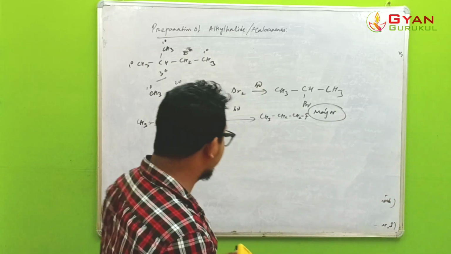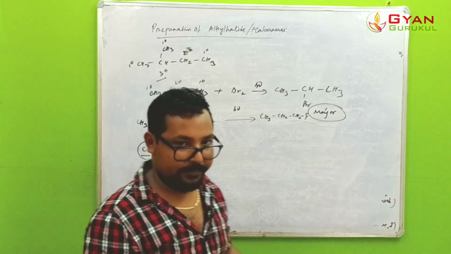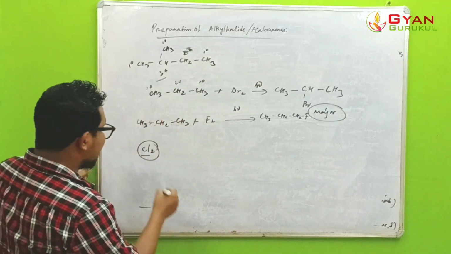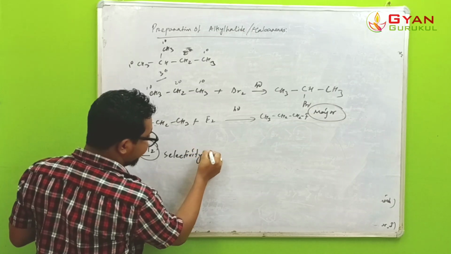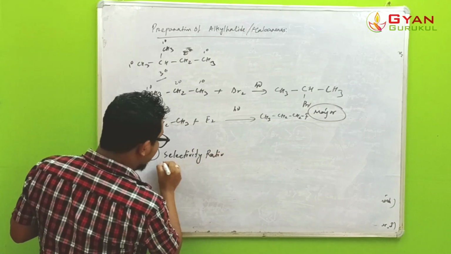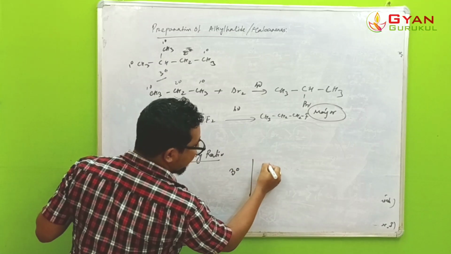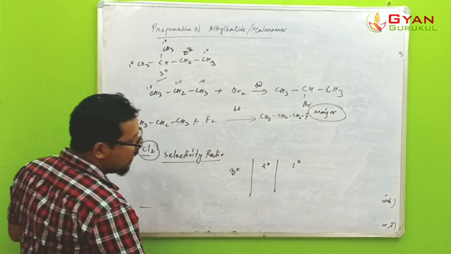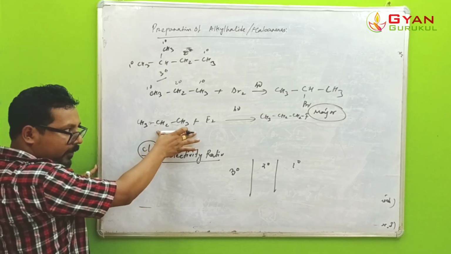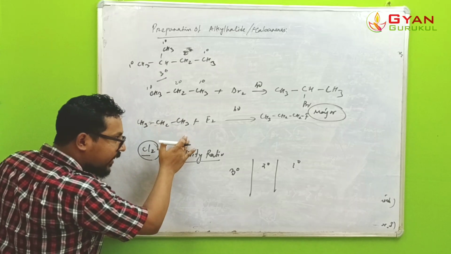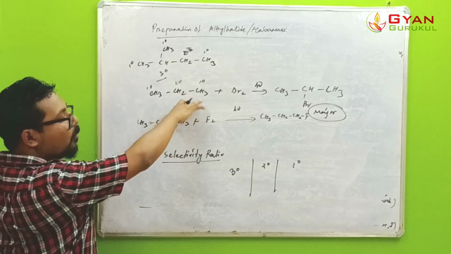But in case of chlorine, what is the selectivity ratio of chlorine? Tertiary, secondary and primary are very important for chlorine. Fluorine and chlorine are the least selective and more reactive; bromine and iodine are more selective.